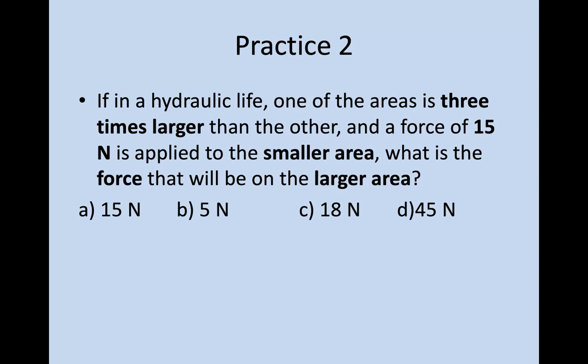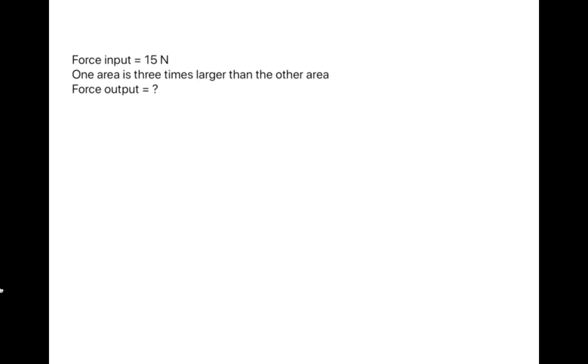Then we'll look at this together. Okay, so this one's a little different because it doesn't give you all of the information. So the force input is 15 newtons. Force output we want to know, and the areas, they don't give us the actual numbers, but they give us the relationship between the two numbers.